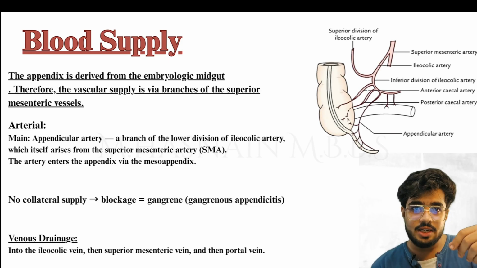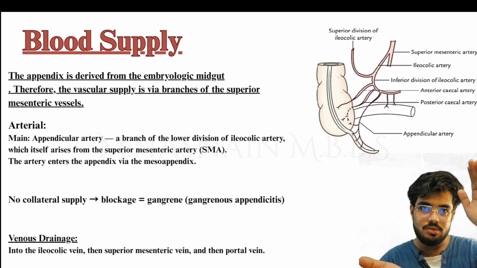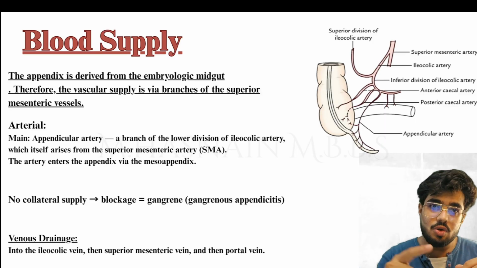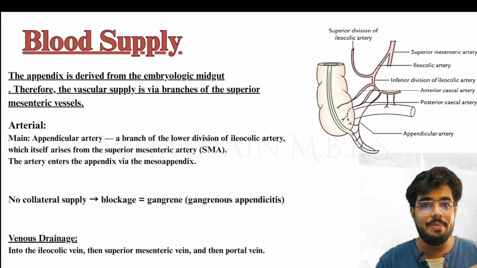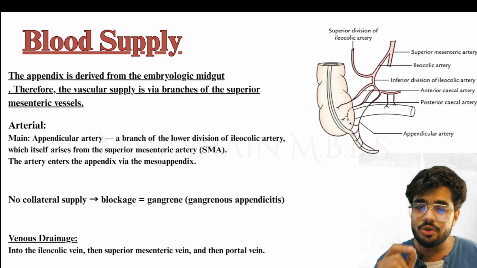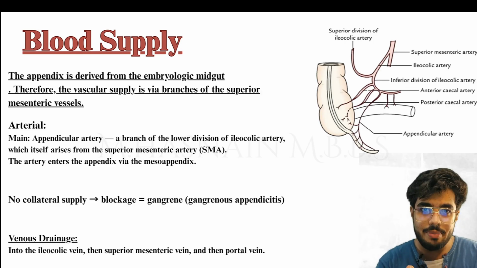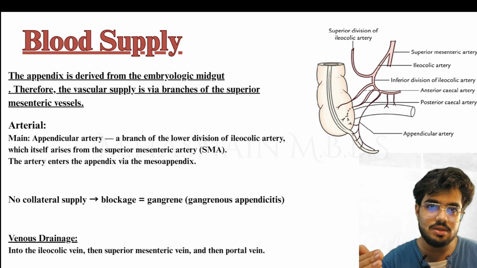This ileocolic artery will divide into two parts: superior division and inferior division. The inferior division of the ileocolic artery will supply the appendix. It will give a branch, the appendicular artery. This appendicular artery will run in the mesoappendix and reach the appendix.